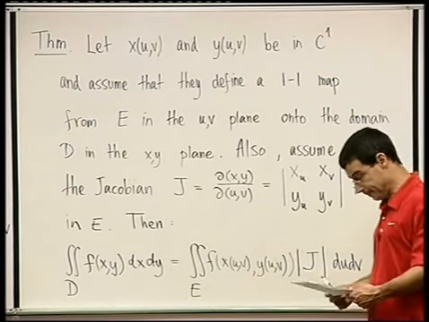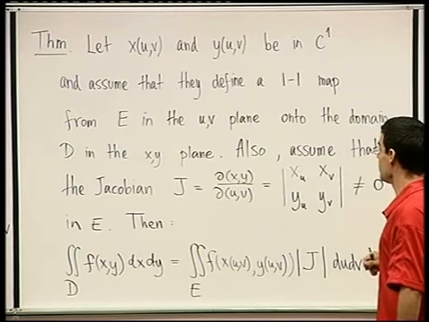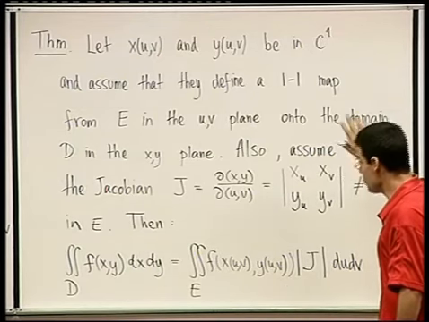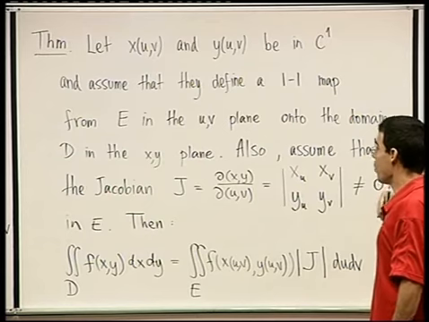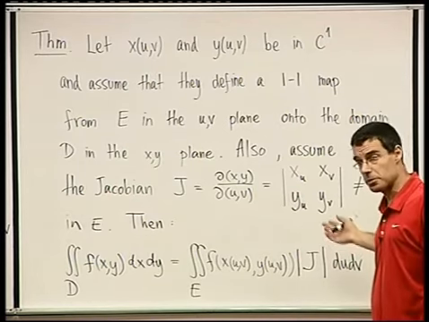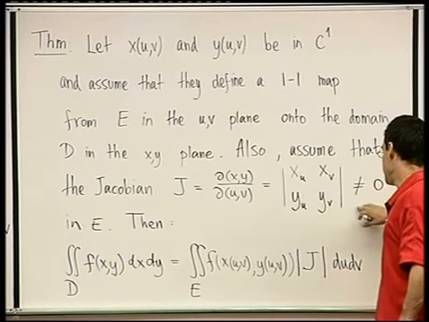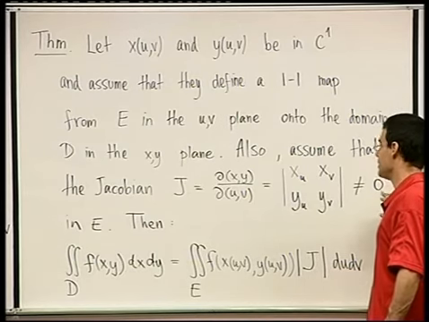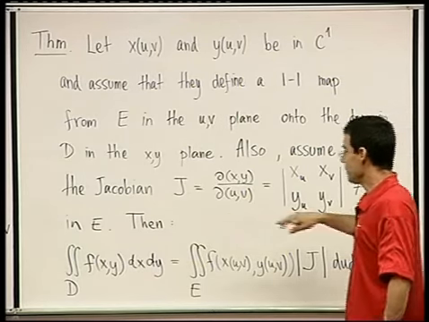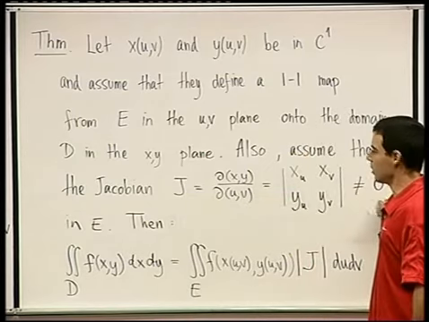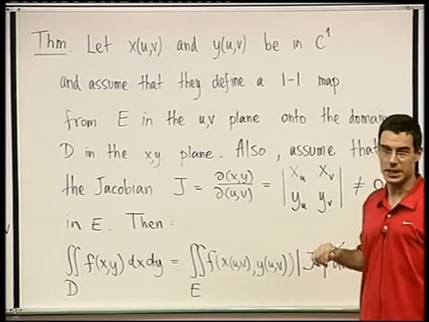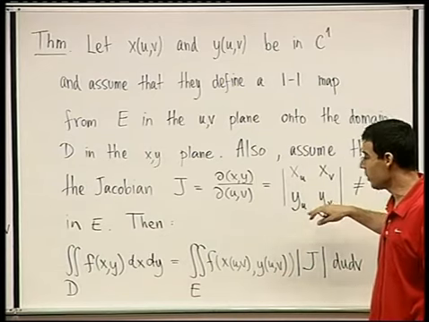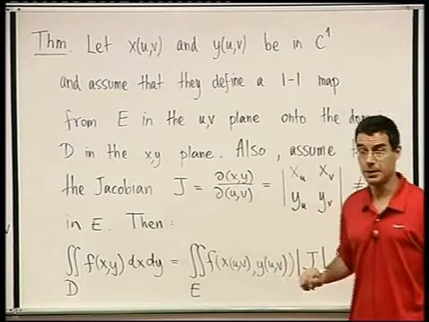And another remark, I wrote it here assuming certain assumptions, which are the easiest to express and the most straightforward. One can weaken them a bit, make the theorem stronger. So for example, and that's an issue that I'm not going to get into the details of, I just want you to know. Here I require that J is non-zero on the entire domain. That's the easiest thing to say. One can weaken that. One can require that it's non-zero, except maybe in finitely many points.